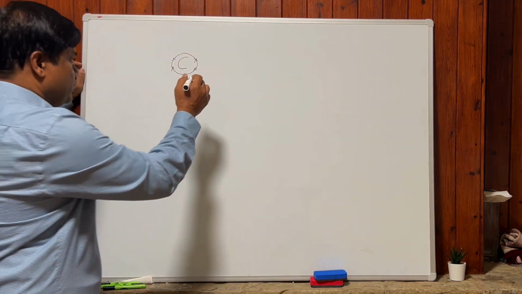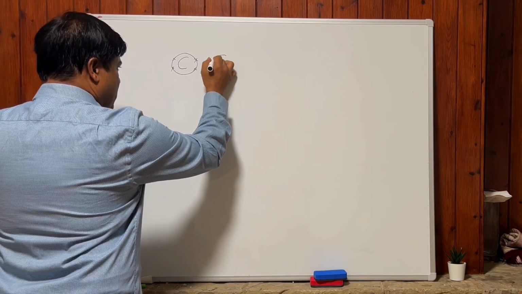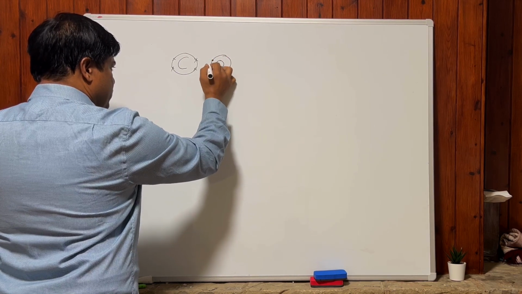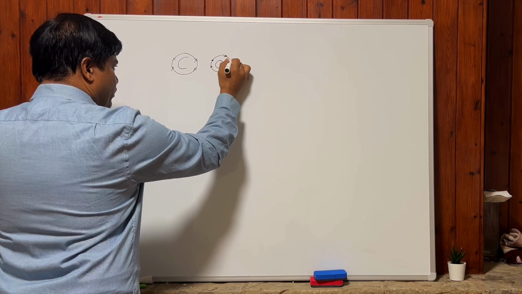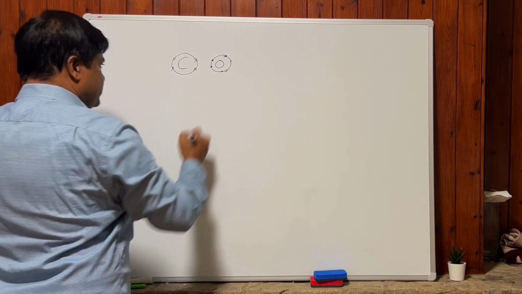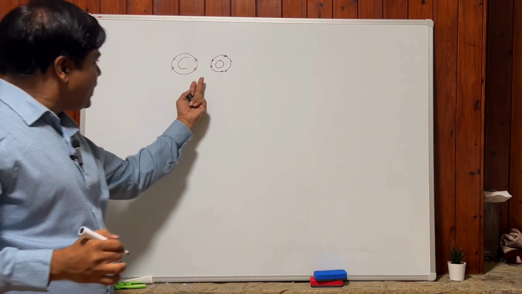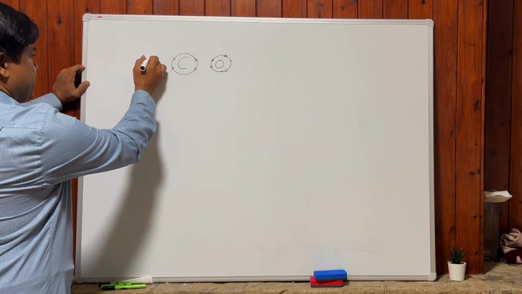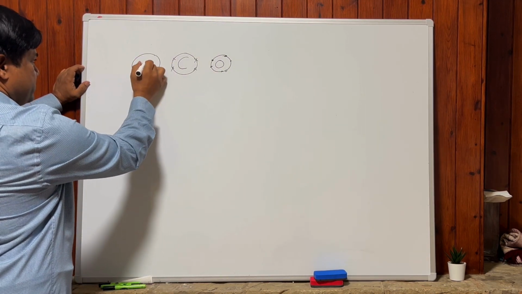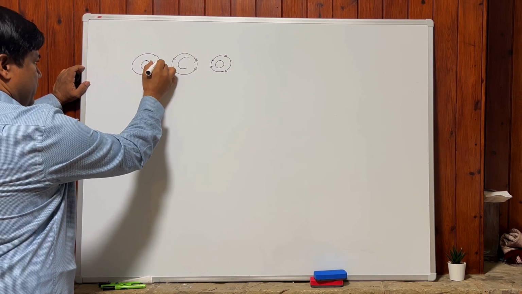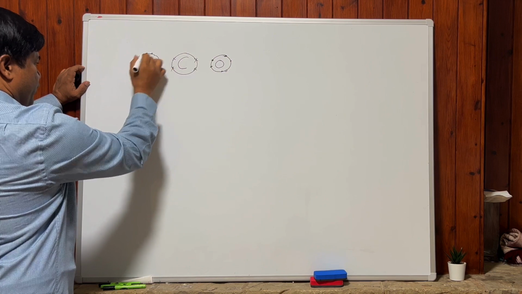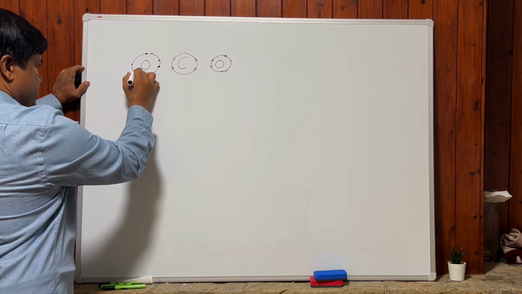So this oxygen has 6 electrons, 1, 2, 3, 4, 5, 6. So it will share 2 electrons with the carbon. And one more oxygen atom, dot and cross, 1, 2, 3, 4, 5, 6.